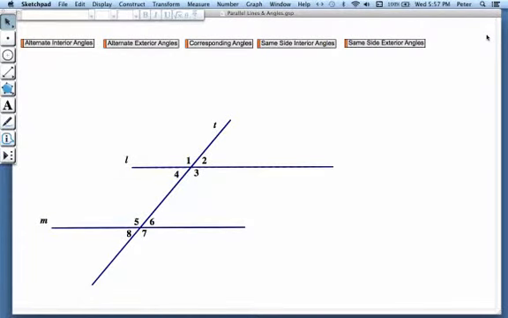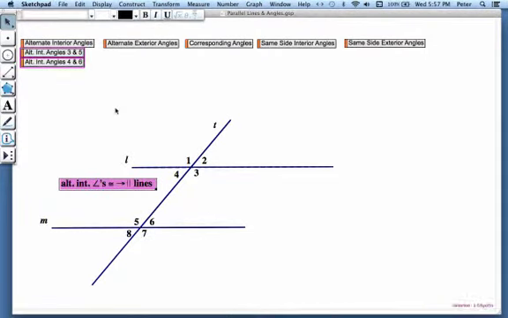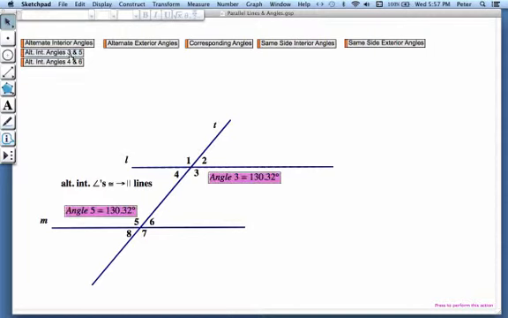Okay, so let's take another look at this very familiar diagram now of two lines being intersected by a transversal. We've just seen that if the alternate interior angles are congruent, we get parallel lines. So for instance, if I knew that angle 3 and angle 5 were both the same measure, I would know that the two lines L and M were parallel.